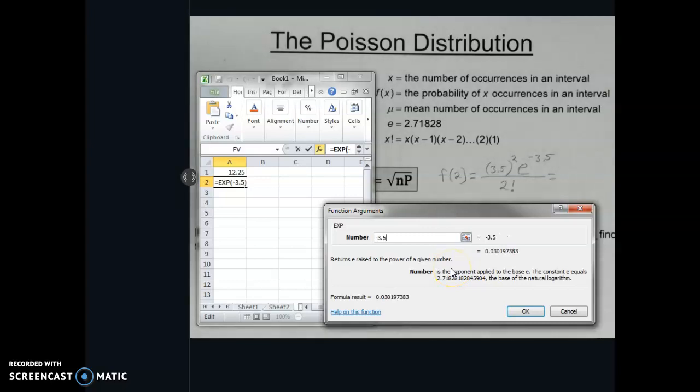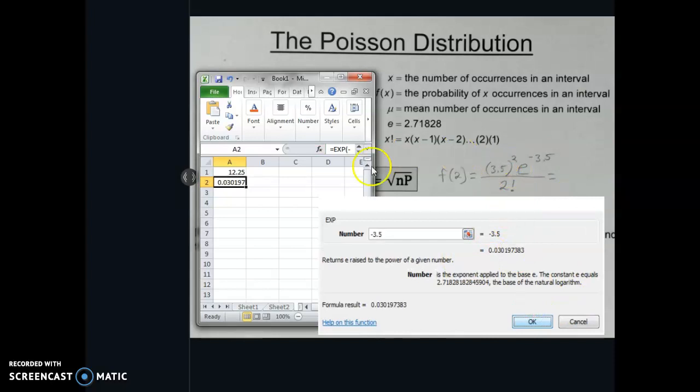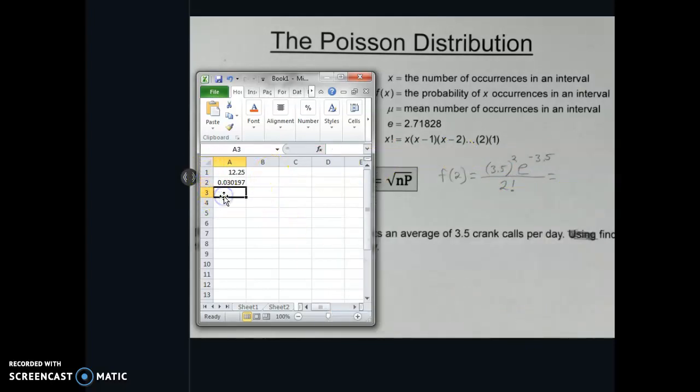Just like we saw here, e to the negative 3.5. Now we have these two values. We can multiply them by each other to get our numerator. So that is our numerator. And then we're going to take that, we're going to divide it by 2 factorial, which we know in our head, but let's use the function. Remember, Excel has a factorial function. And we're going to put 2, that. And if you do that correctly, you get 0.1849.